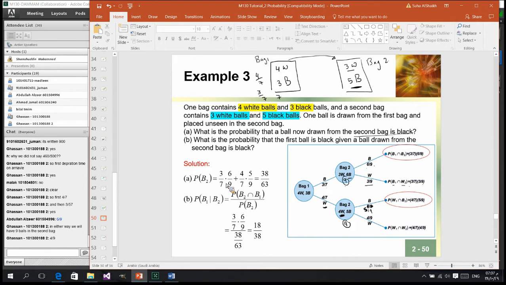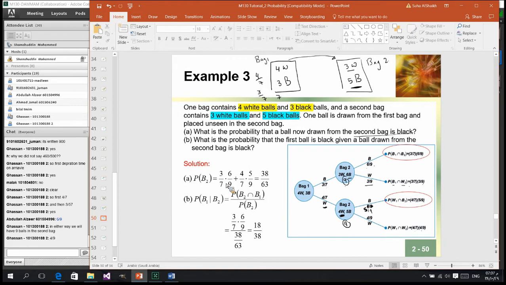W1 and W2, white from the first and white from the second, is 4/7 times 4/9 by the multiplication rule. Okay? That is how we got this diagram.